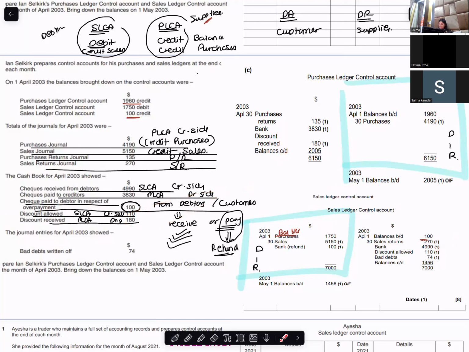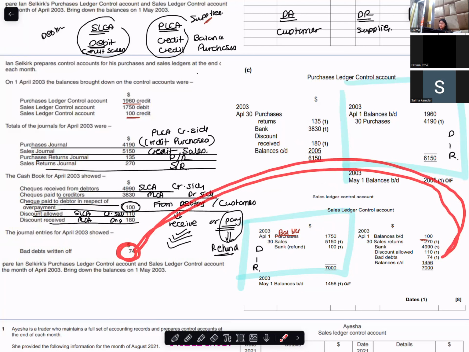I'm repeating again. Bad debts. SLCA, debit side.